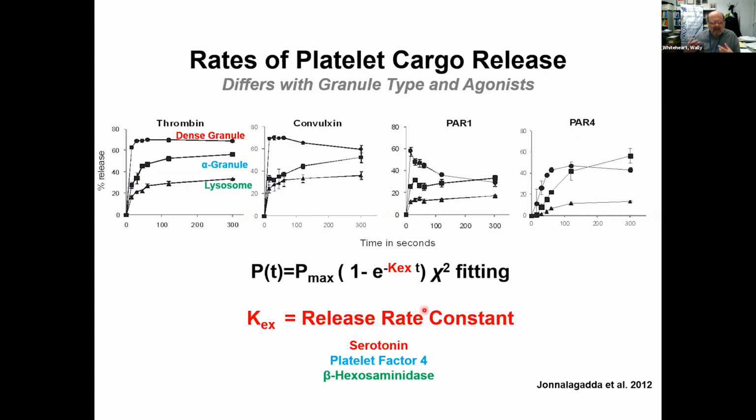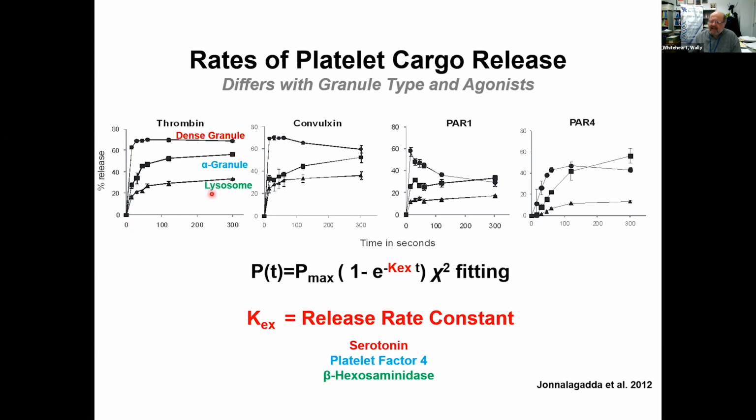So a lot of our analysis centers around data from experiments like this, where we take platelets, we stimulate them with various agonists, and then we measure the rate at which cargo comes out. We use a marker for dense granules, serotonin, a marker for alpha granules, platelet factor 4, and I'll come back to that a little bit later because we use several other markers too.